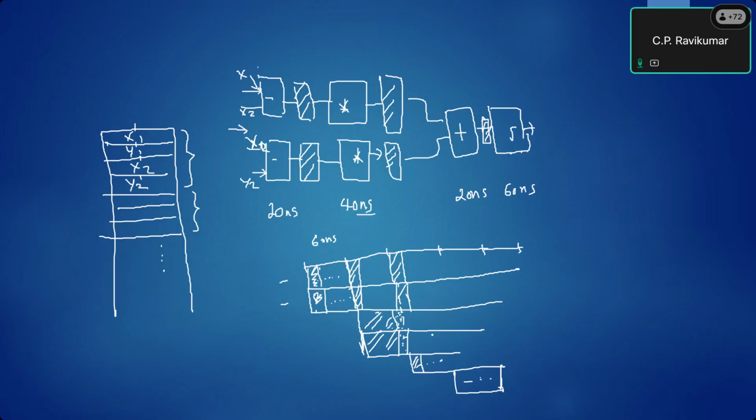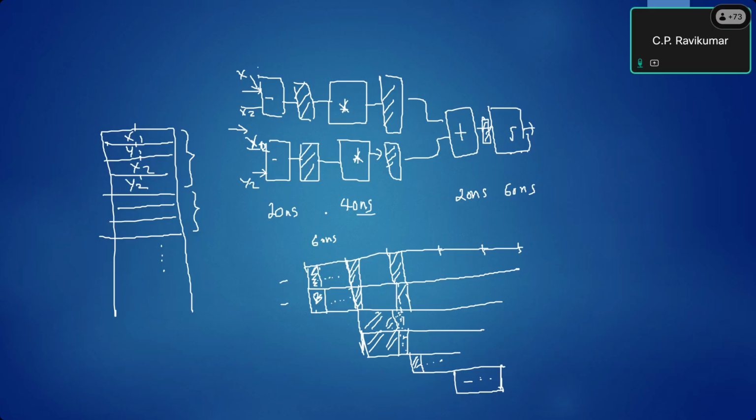The utilization of the hardware right now is little bad because we are idling them in many places. So this is the problem with everything being slowed down to one clock.